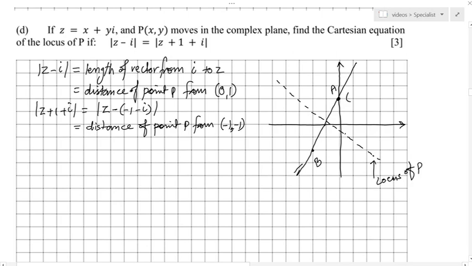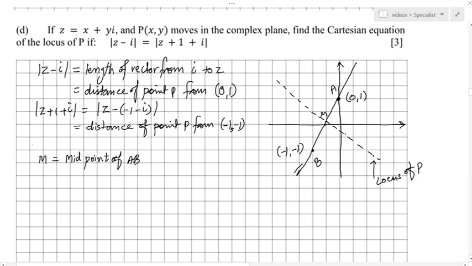Once we have this interpretation, we need to use our knowledge of coordinate geometry to find the equation of this line. The first thing we need to find is the point M, which is the midpoint. I'm writing this so that you know how to write it in tests and exams: coordinates of M is the midpoint of AB.